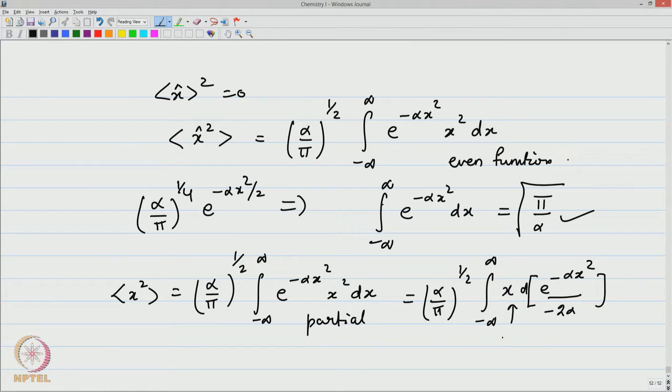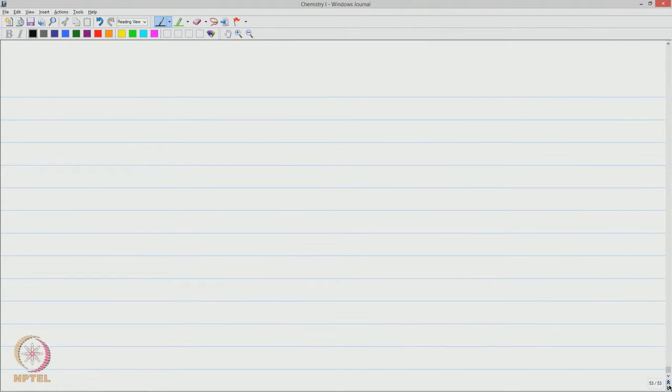So, this is what it is, and since it is a u dv type integral between limits, it is u v between the limits minus integral of v du between the limits.